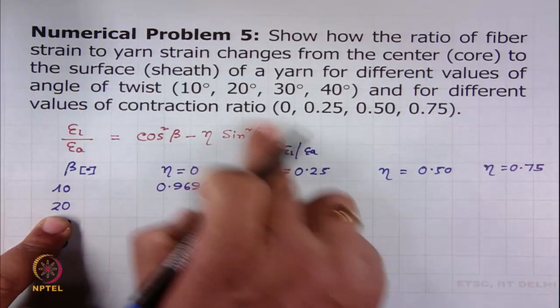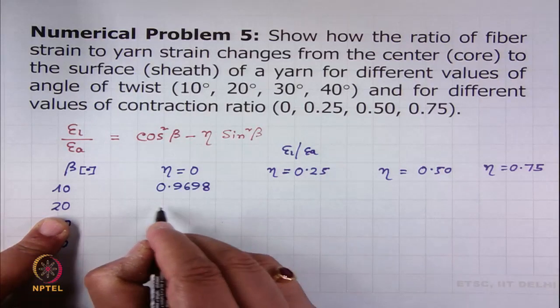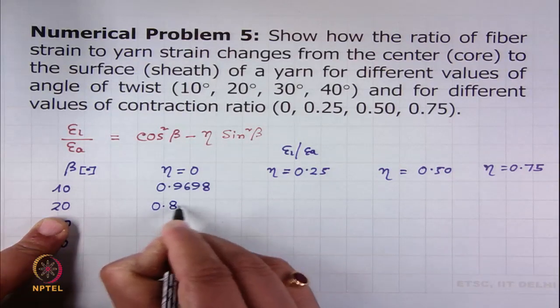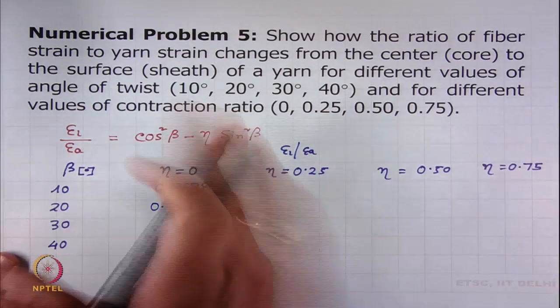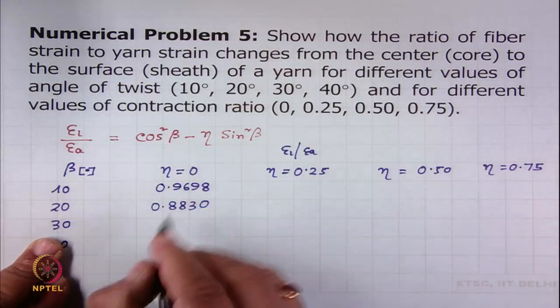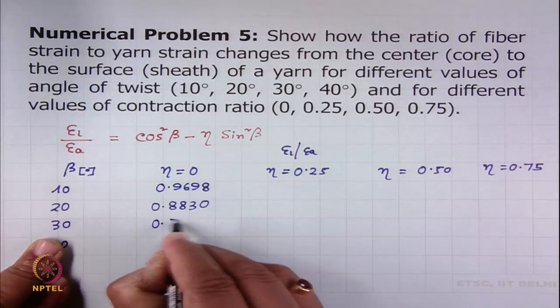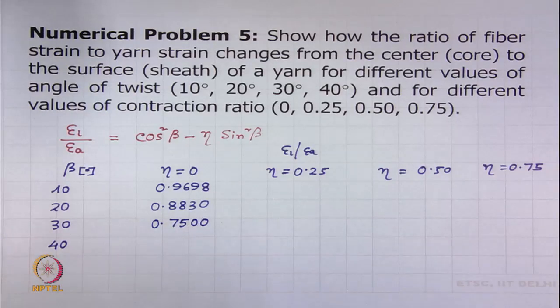So, this component is 0, and you will see the value 0.8830. Now, eta 0, so this component vanishes, 30 degree beta means 0.7500.